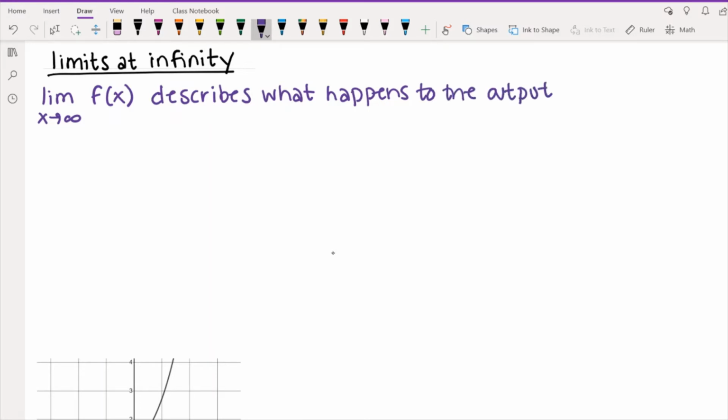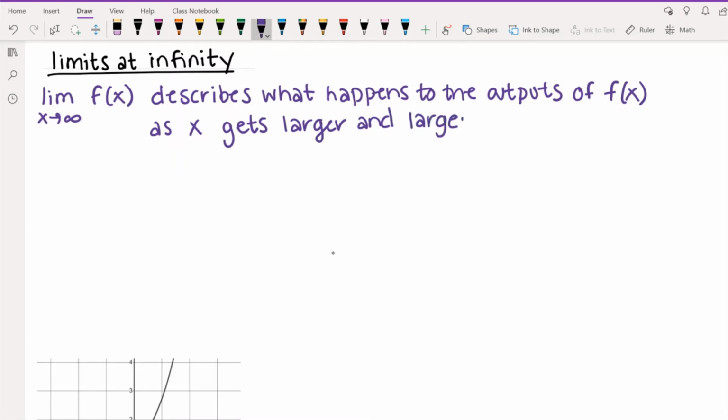Or if you're looking at the graph, the outputs would be the y values, right? So the outputs of your function, as x gets larger and larger. So at the end of the day, when you're talking about a limit at infinity, that's really what you're talking about: what's happening to your function as x gets larger and larger.